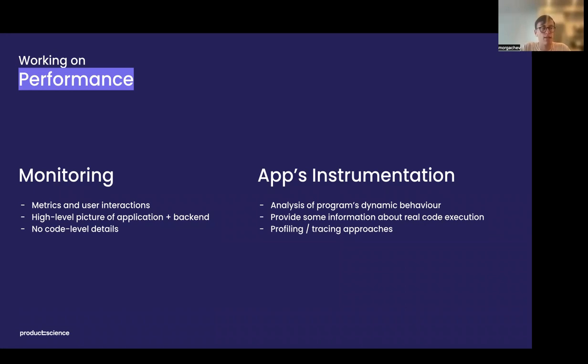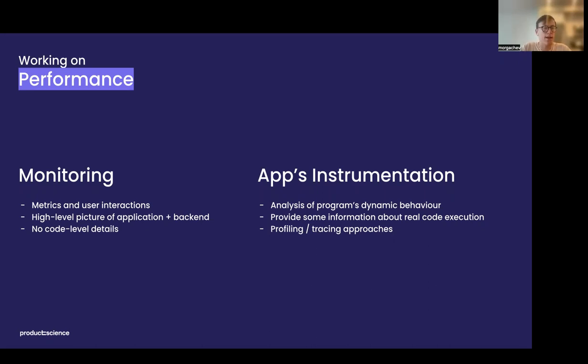It provides developers with a high-level picture of how the application works, which part is slow, which part is fast, which part is popular, when we are doing requests to the backend. But it doesn't provide developers with any code-level details actually.